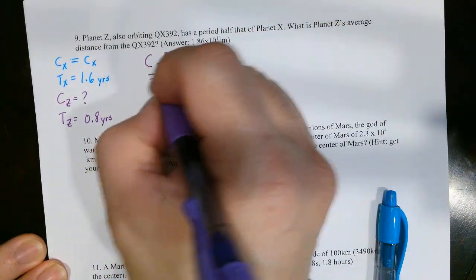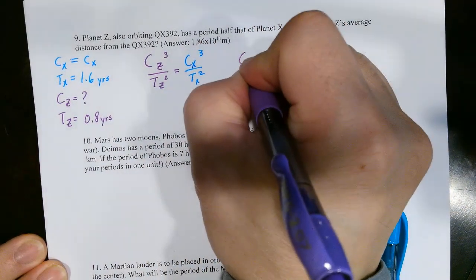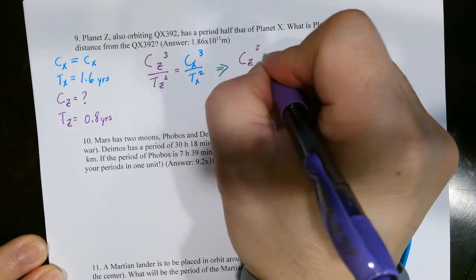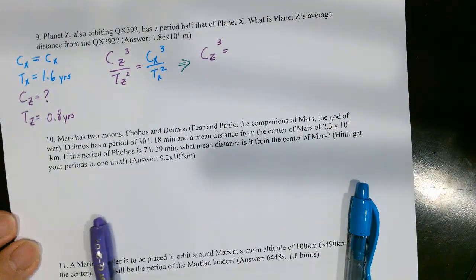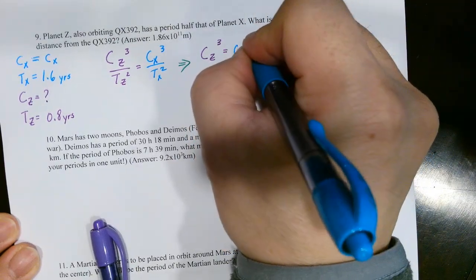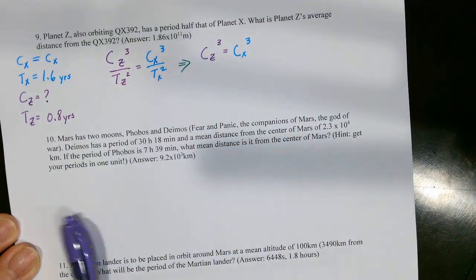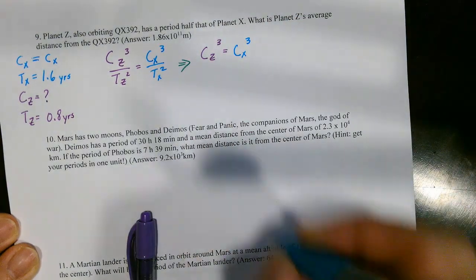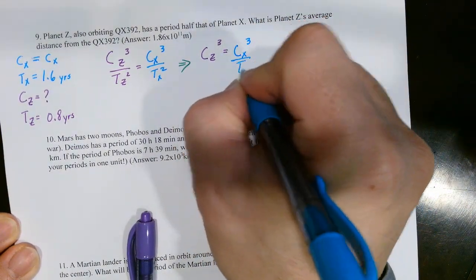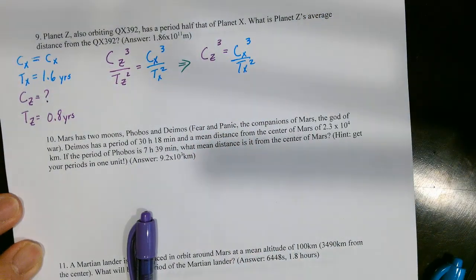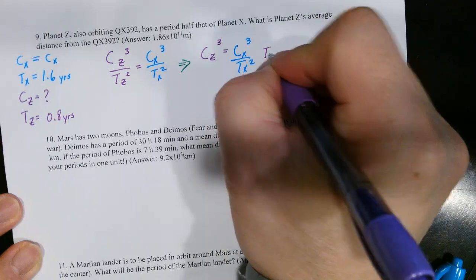Therefore, Cz cubed is equal to Cx cubed over Tx squared, which is 1.6, times Tz squared.